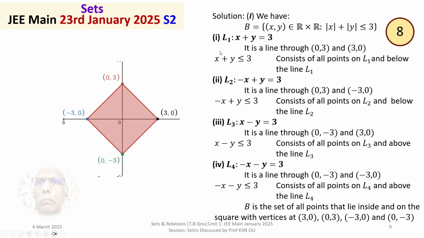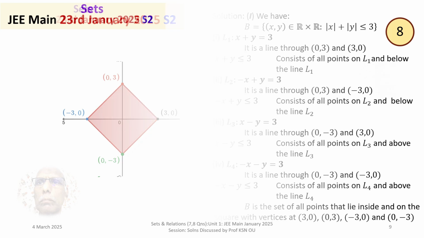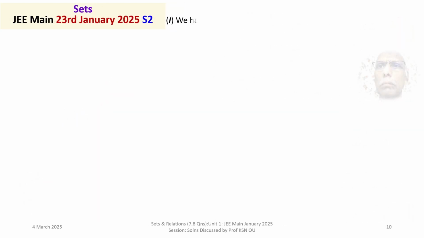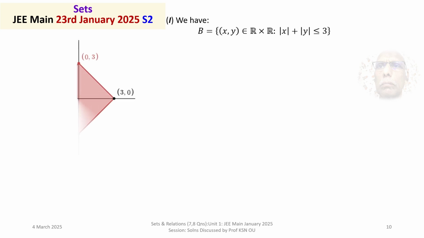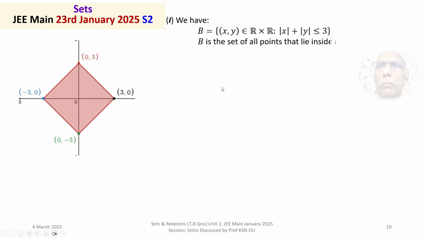So we got capital B, and we have to go to capital A and take its intersection. We have represented B here, and B is the set of all points that lie inside and on the square with vertices as shown here.